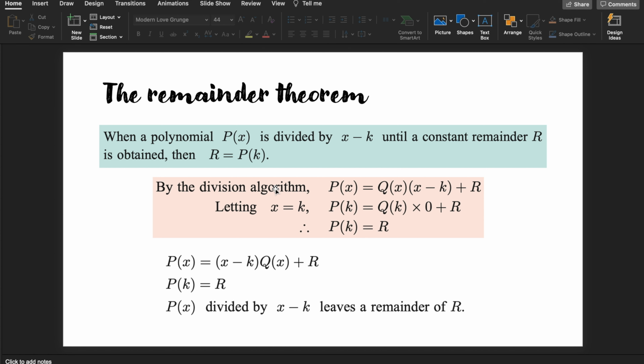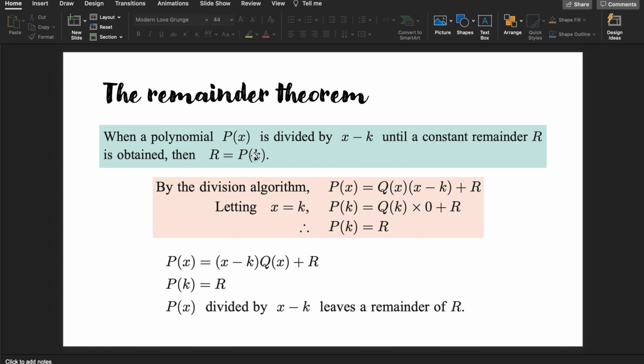When we divide a polynomial by a certain divisor, which is x minus k in this case, this is what we get: p of x equals q of x, which is the quotient, multiplied by x minus k, plus r. Now it states that r equals p of k.